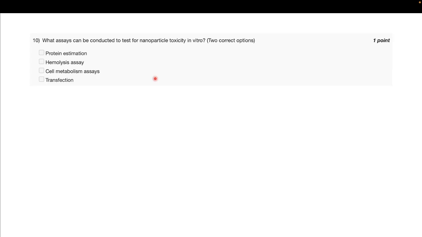Okay. Do you want to choose? And cell metabolism. Okay, you've chosen the last two options. Thank you for answering. 2 and 3. Okay. Anybody else has any response? Thanks for answering both of you.